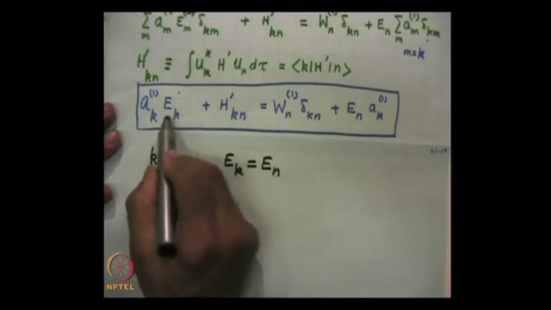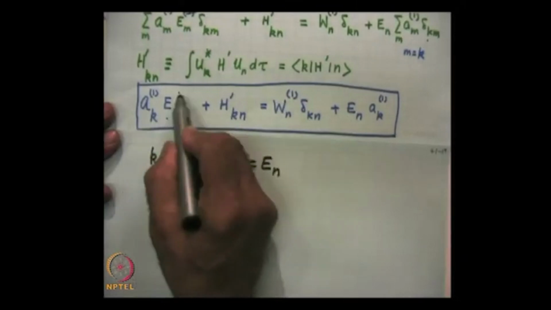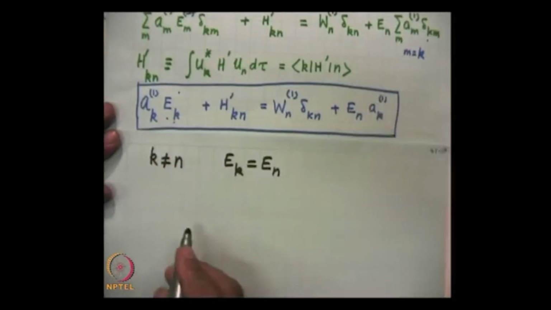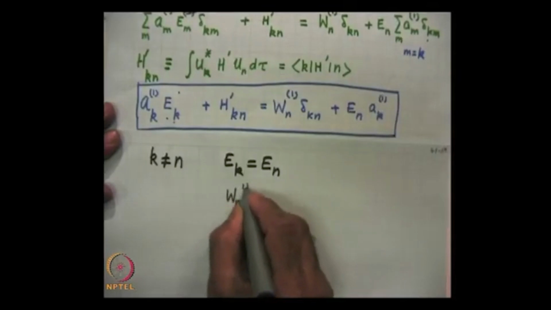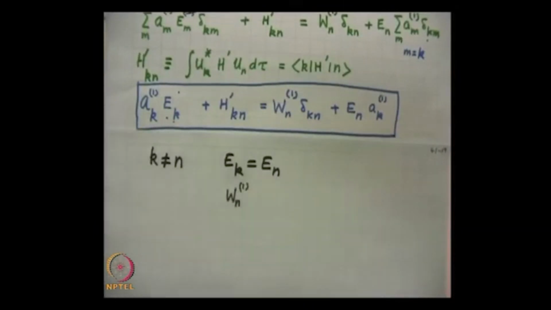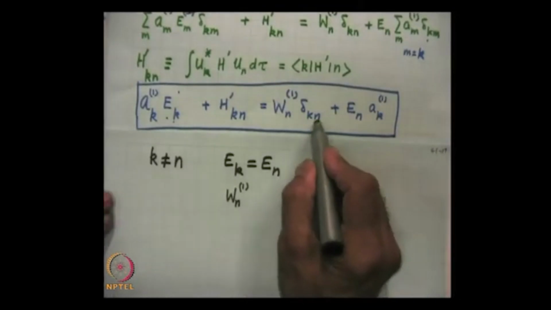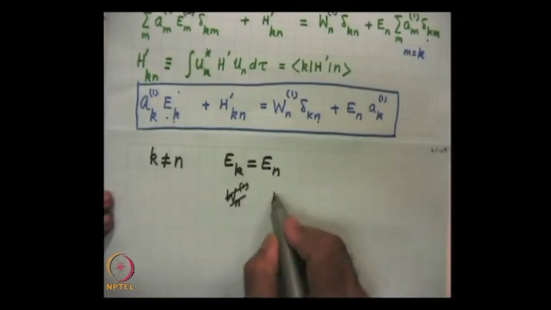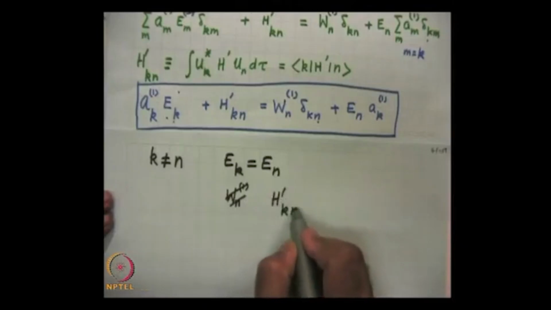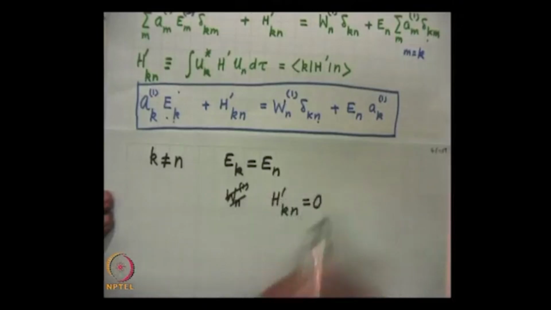So, E k is equal to E n. So, this term gets cancelled with this term, and then it will become W n 1 times delta k n. So, therefore, k is not equal to n, so this term is 0. So, my H prime k n must necessarily be 0.